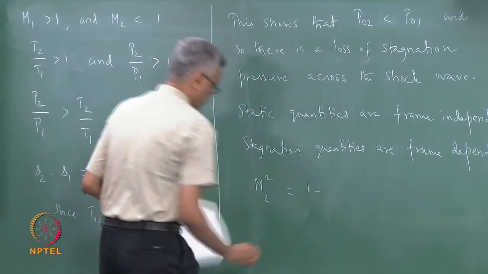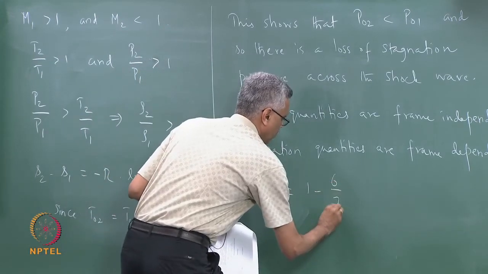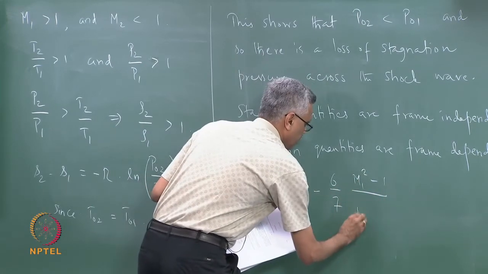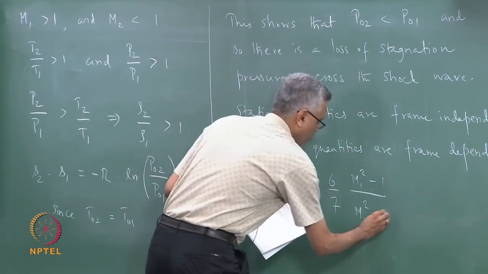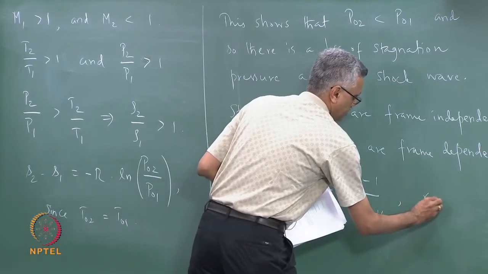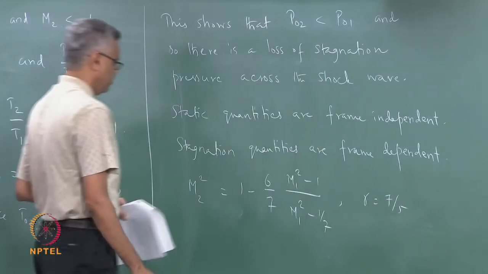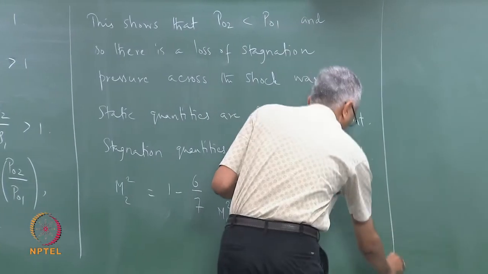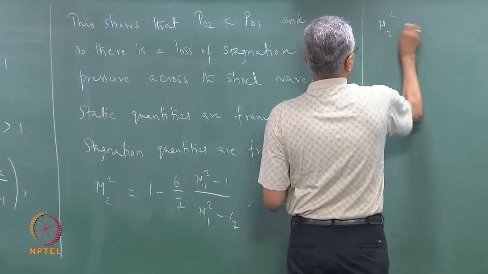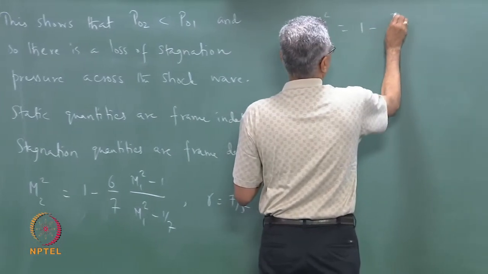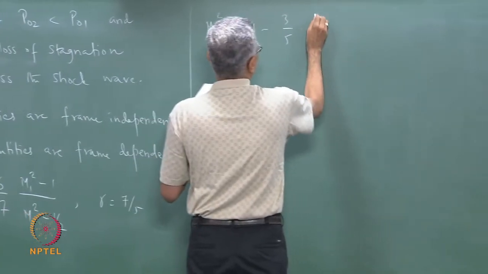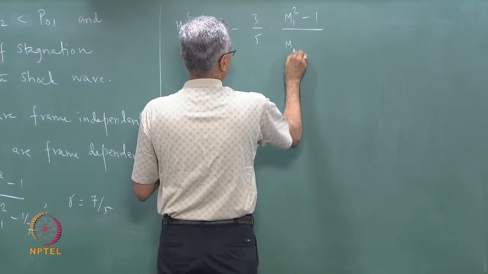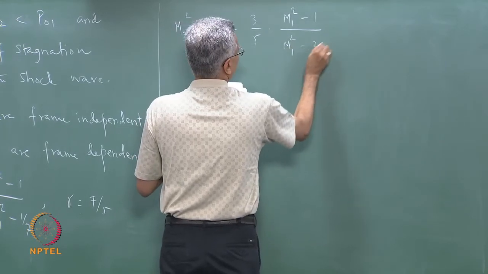Notice that M2 square can be written as 1 minus 6/7 times (M1 square minus 1) divided by (M1 square minus 1/7) for diatomic gases for which gamma is 7/5, and for monatomic gases M2 square is equal to 1 minus 3/5 times (M1 square minus 1) divided by (M1 square minus 2/5).